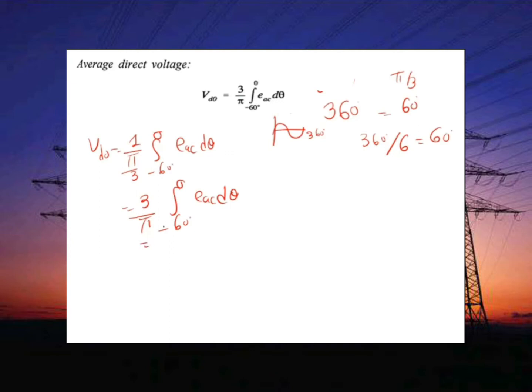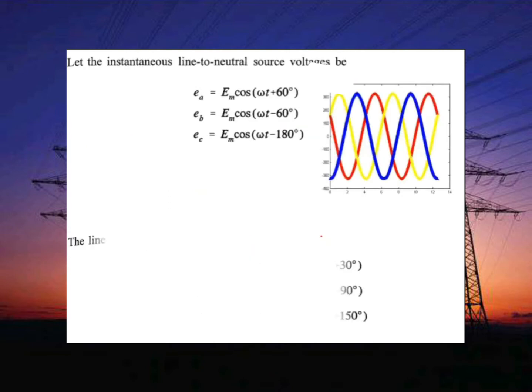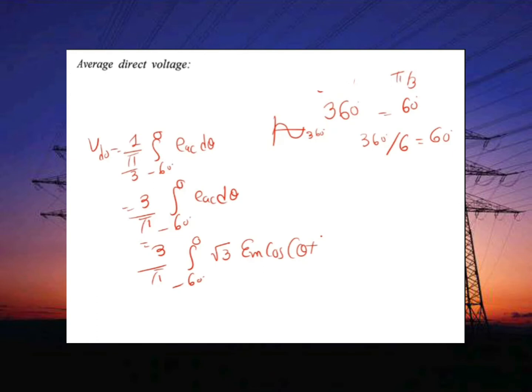As you know from the previous equation, EAC is equal to root 3 EM cos(theta plus 30 degrees).